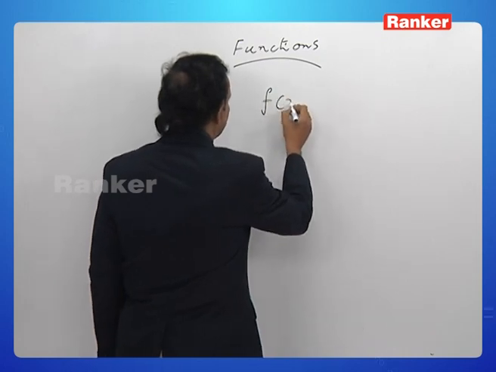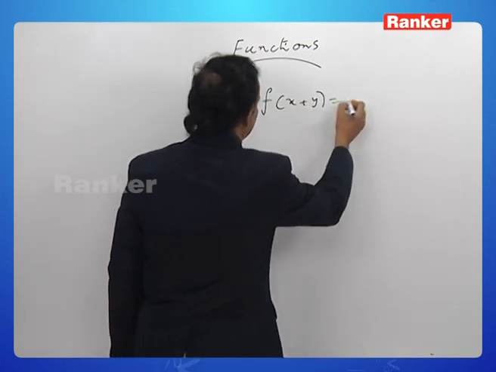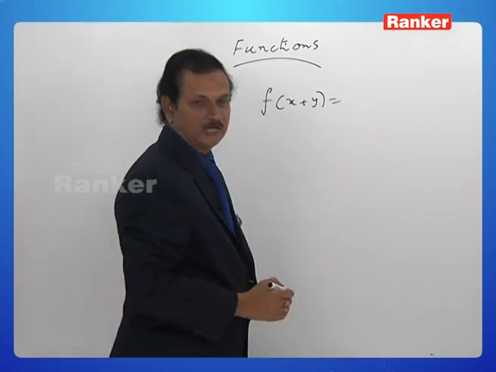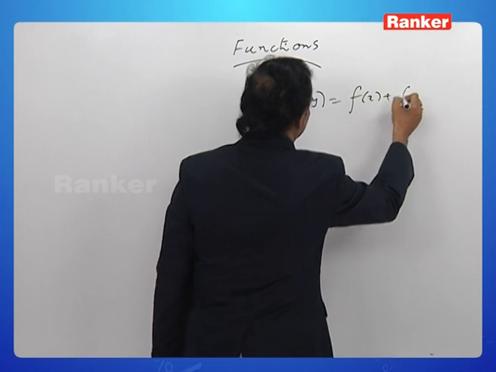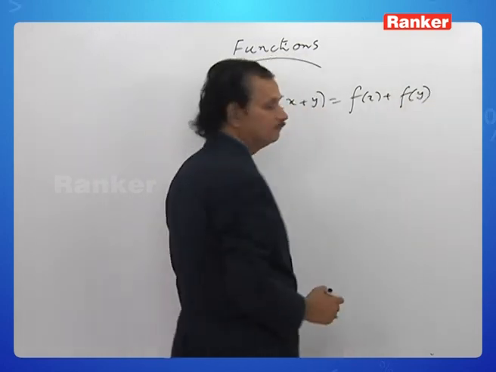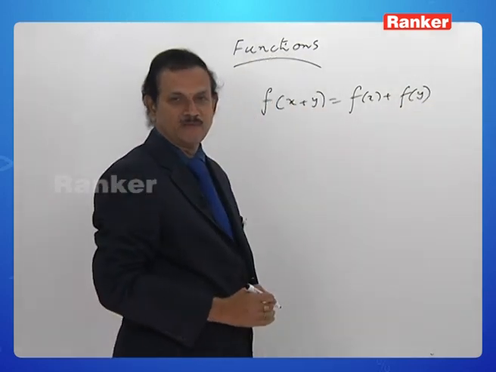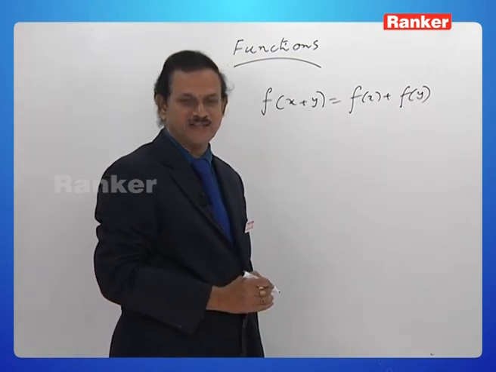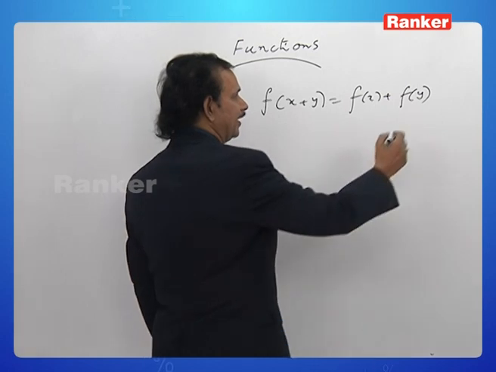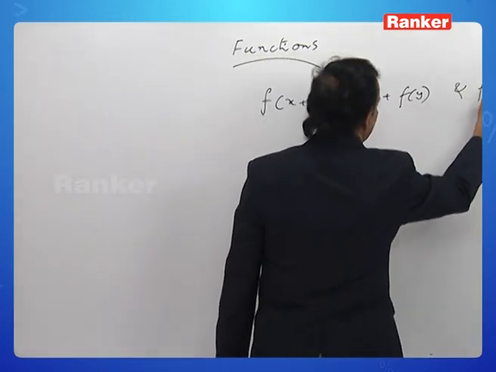F of x plus y is equal to f of x plus f of y. That is the useful weapon with us in the given problem. Also, it is given that f of 1 is 7.